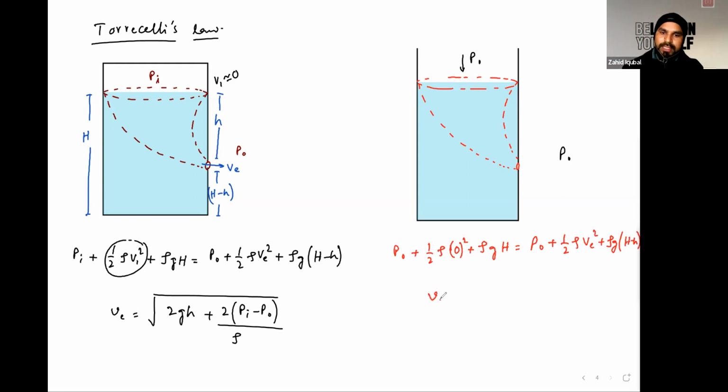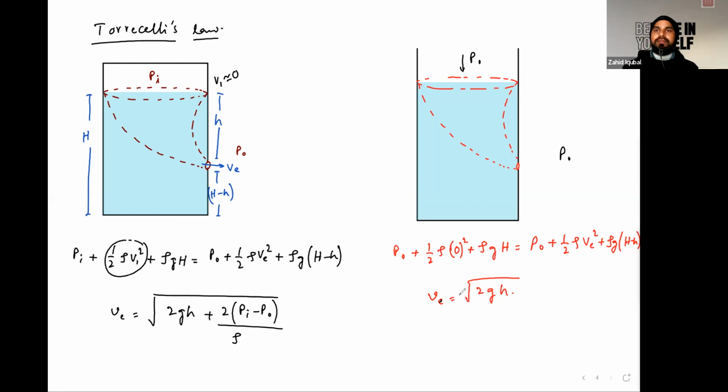On solving, you will get velocity of efflux equals root 2gh, which is similar to the velocity of a free falling body under the effect of gravity from the same height.